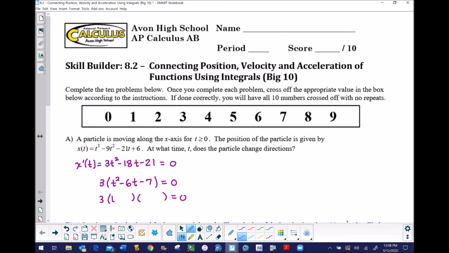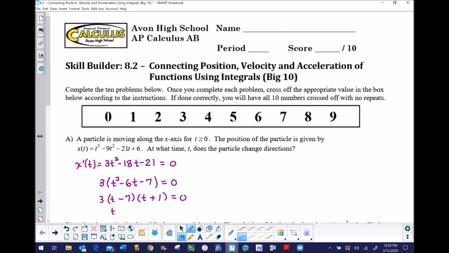But if we factor this, t squared would break into t and t. And then for the 7, it's got to be a 7 times 1. But in order to get the minus 6 in the middle, we have to think about which of these numbers is going to be negative. It looks like it's going to be the 7, and the 1 is positive. So that definitely gives us the negative 6t.